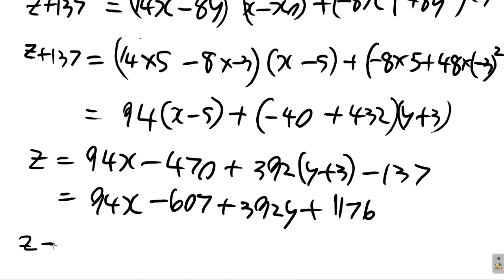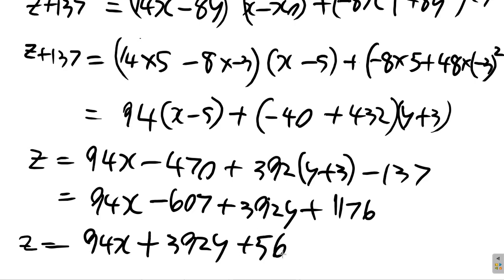Alright, so z is equal to 94x plus, then we have 392y and 1176 minus 607 is equal to 569. Alright, so that's the tangent plane equation. I'm going to work out the normal line equation in a different video.